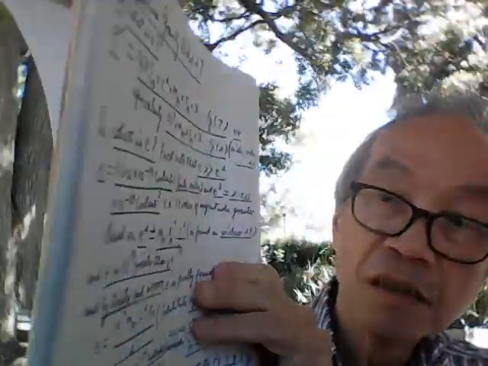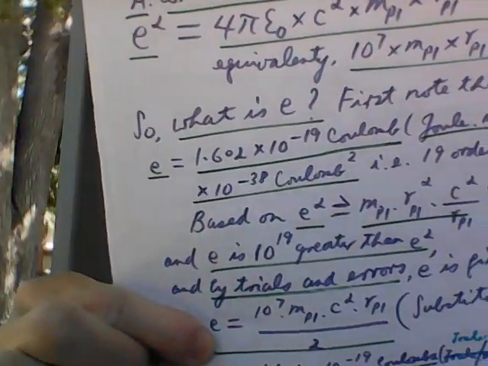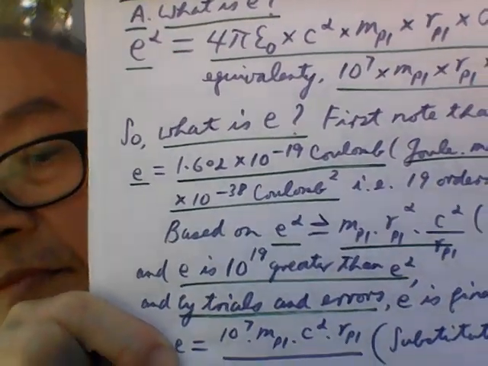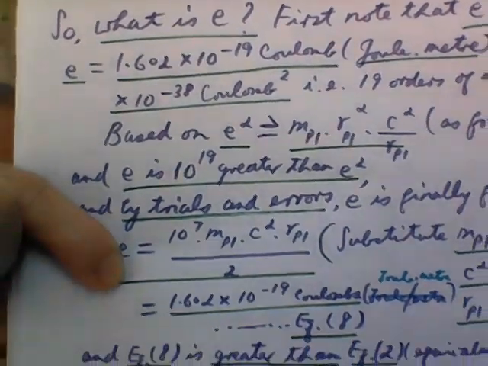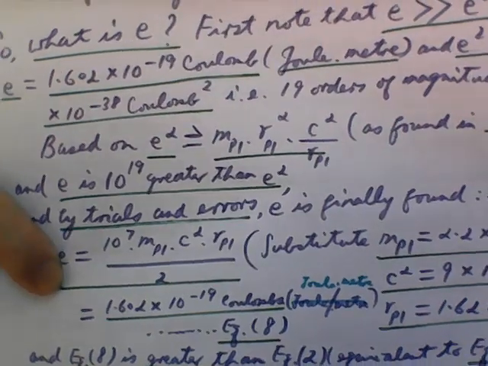You can substitute these values into this equation, E is equal to, and then you get the result 1.602 times 10 to the power minus 19 coulombs, or joule meter as I derived last time.